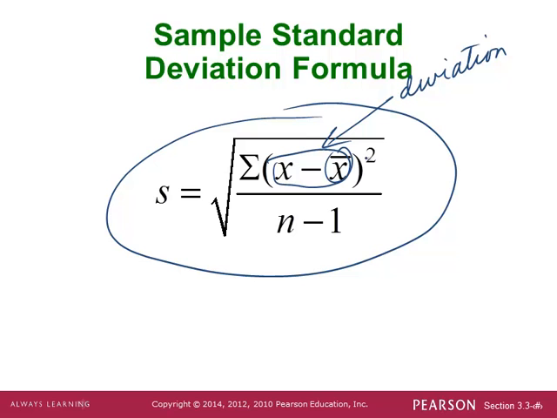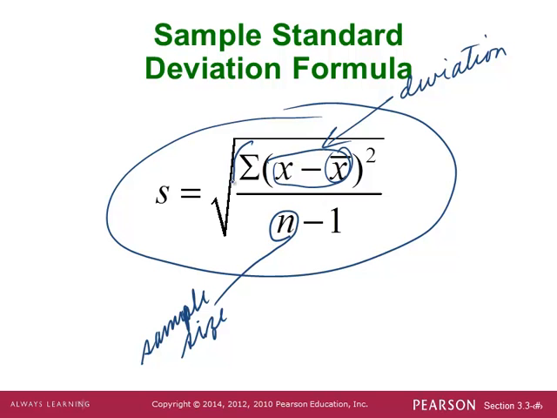And then you square all the deviations, and then you add up those squares of deviations, and then you divide by the sample size minus 1. Now what we mean by the sample size is nothing more than the number of numbers, the number of values in your data set. You typically use letter n to represent your sample size, but you're dividing by n minus 1 instead of n, and I'll explain in a few minutes why.